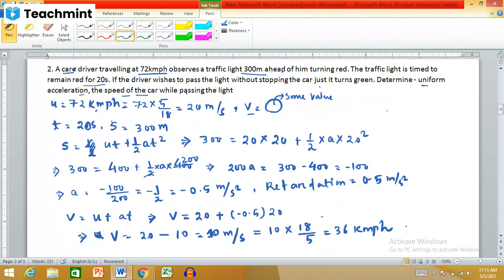Okay, with this we have solved another problem of uniform acceleration.